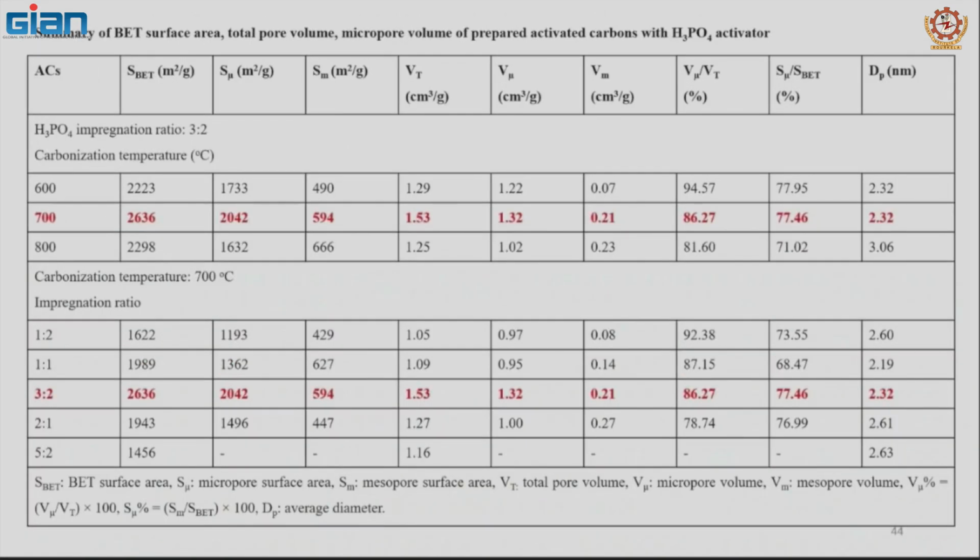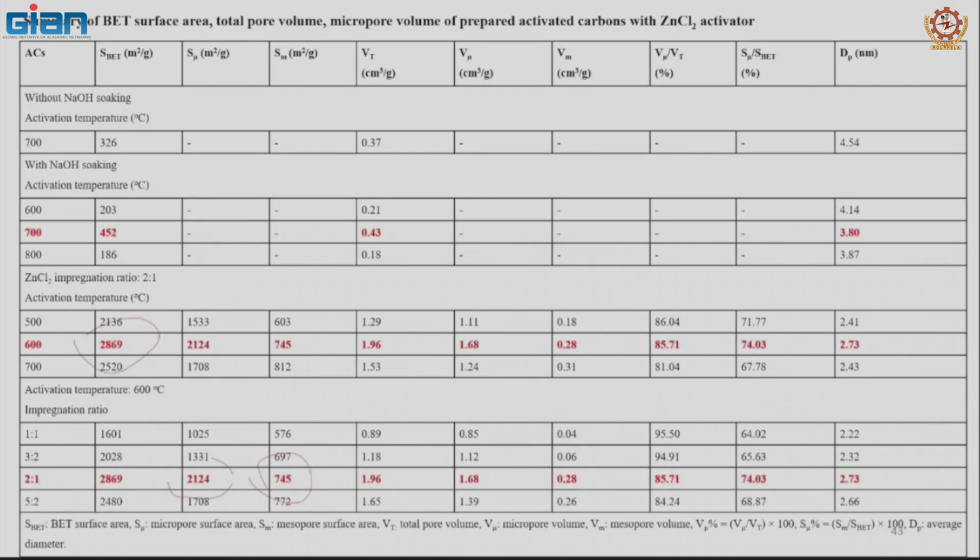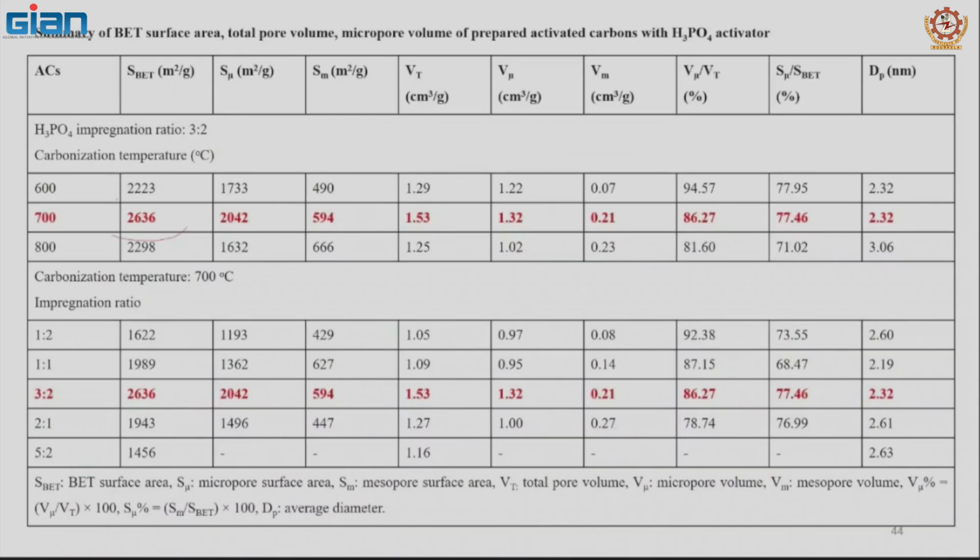Similarly, with the phosphoric acid activation, a surface area of 2636 is obtained. And another important thing is the ratio of micropore over the surface area, you see that almost 77% it is there.